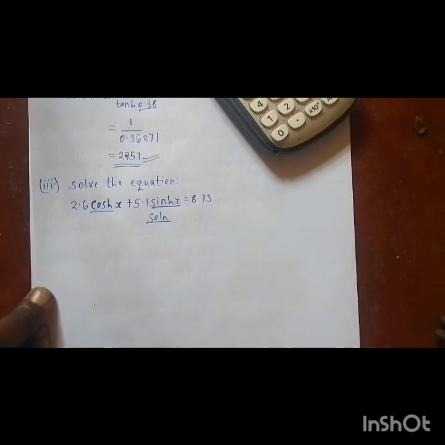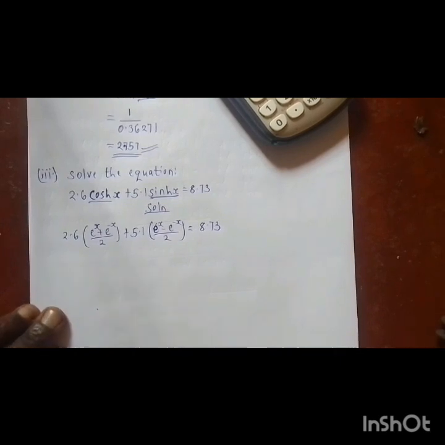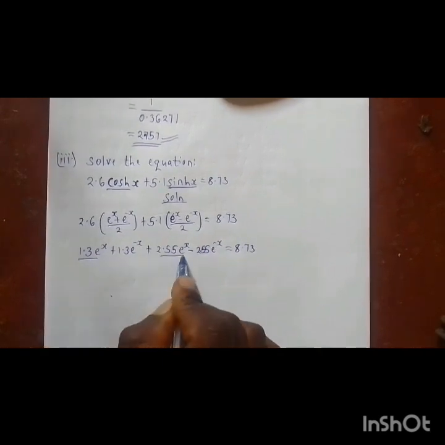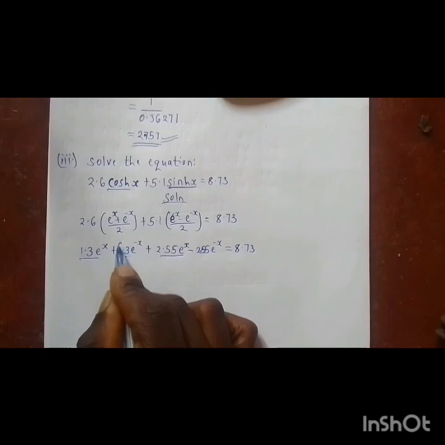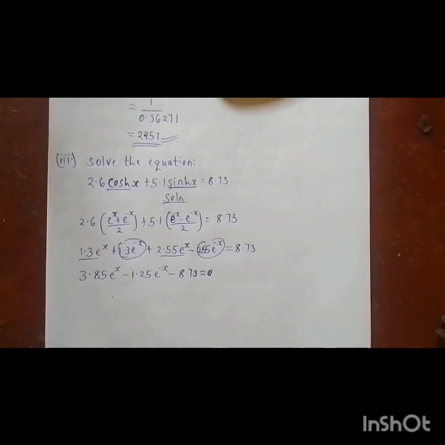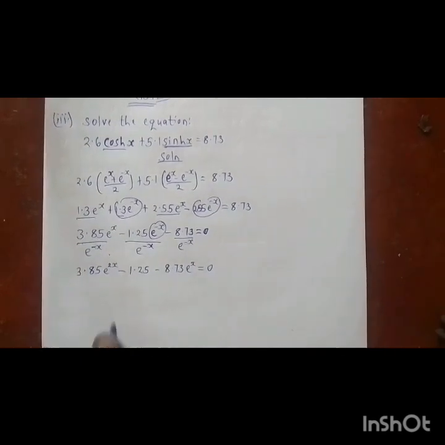We open the brackets, putting the right terms together, this and this, and this one and that one. So here we divide every term by e to the power of negative x. So we arrange the equation right.